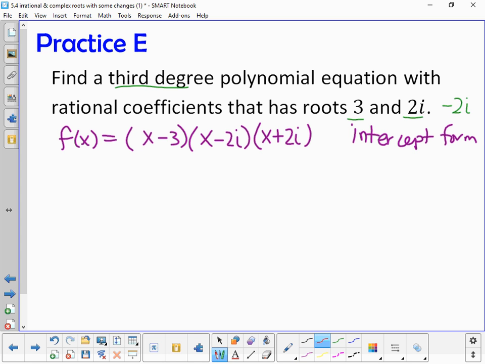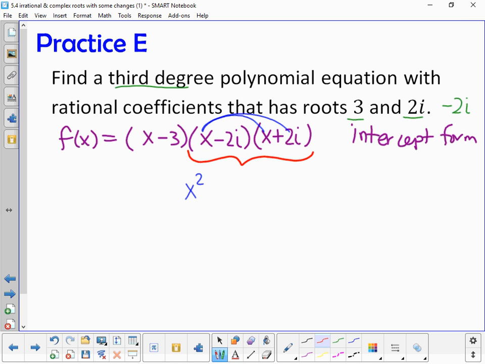Let's put the function into standard form. Now again, you could start by multiplying these two together, but it's going to get really hard really fast. If you start with the two that have the imaginary part, it'll end up being much easier. You'll have some terms reduced. It just becomes much simpler.